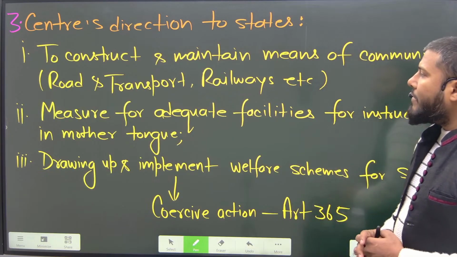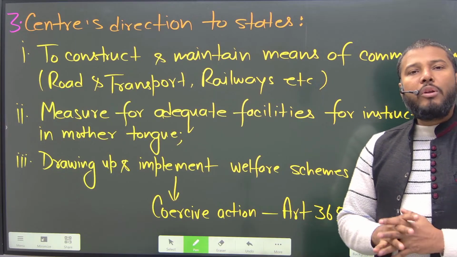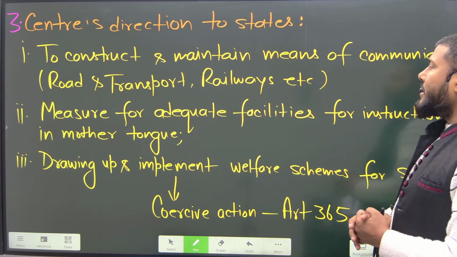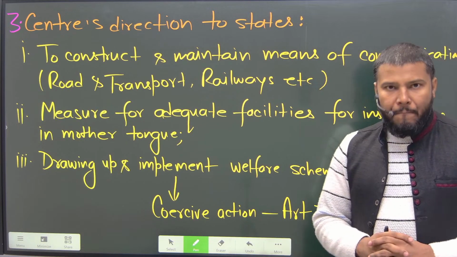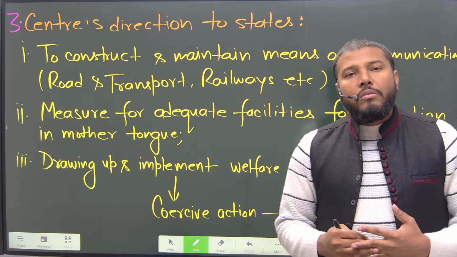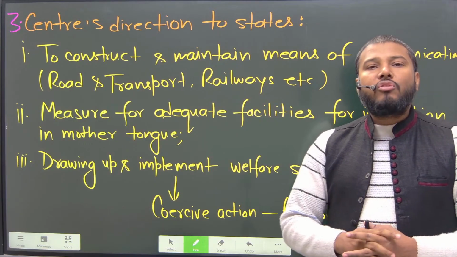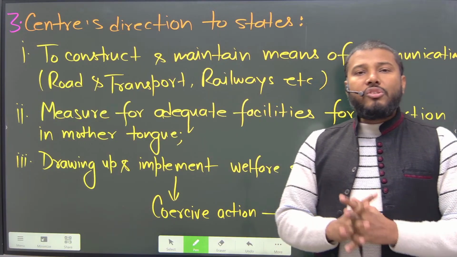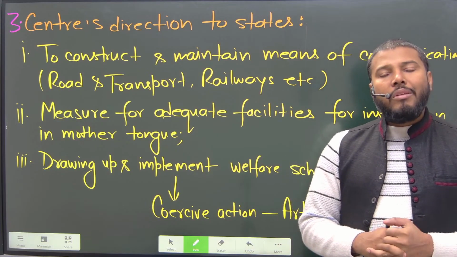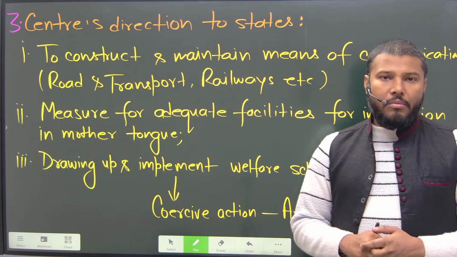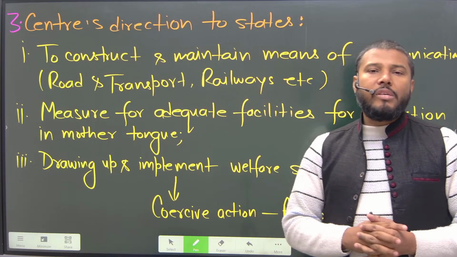You see here, I have written here for you the 3 directions which are going to be issued by the central government to the states: to construct and maintain means of communication, road transport, railways, etc. Central government very often directs the state governments to ensure the construction and maintenance of the means of communication, particularly the roads, the railways infrastructure, telecommunication, these all essential services.